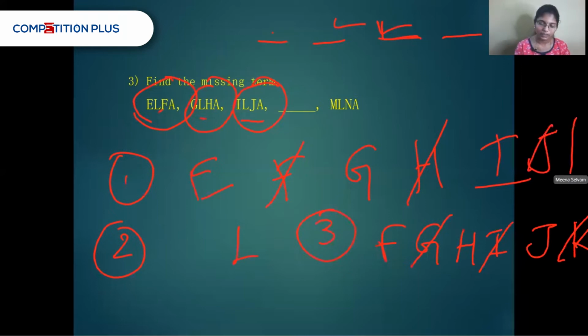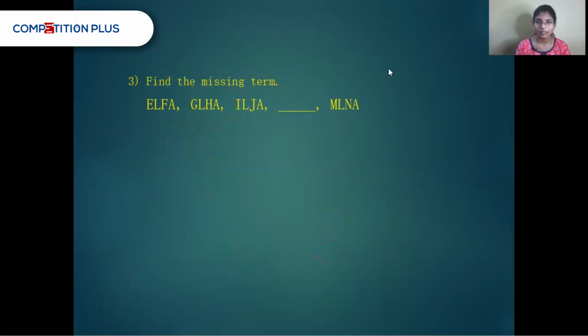J, K will be there as your first letter for the missing term. Then the last letter of all the terms is A. So we found the answer that the next missing term is KLLA. Let us check whether we have it in the options.